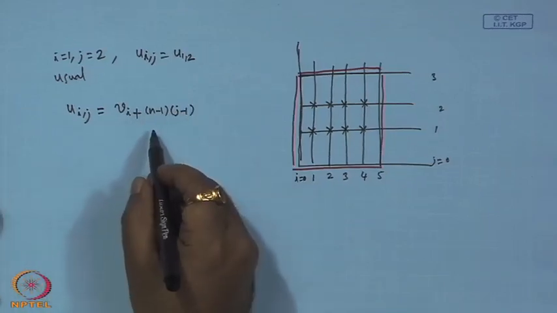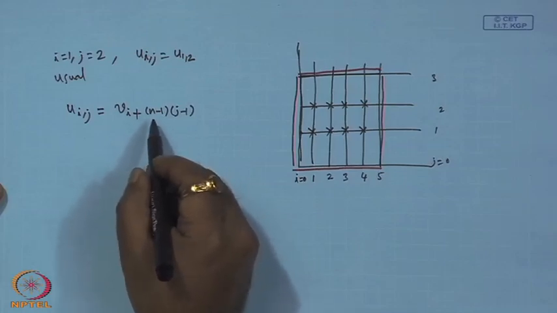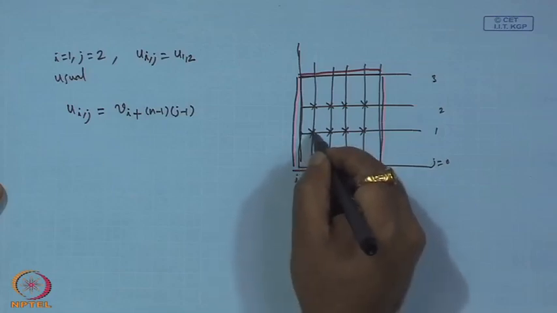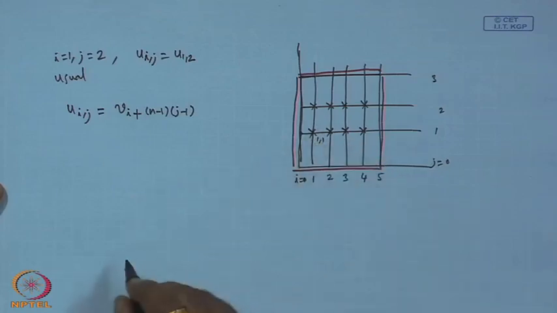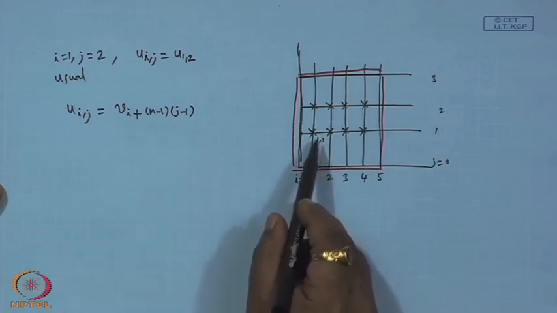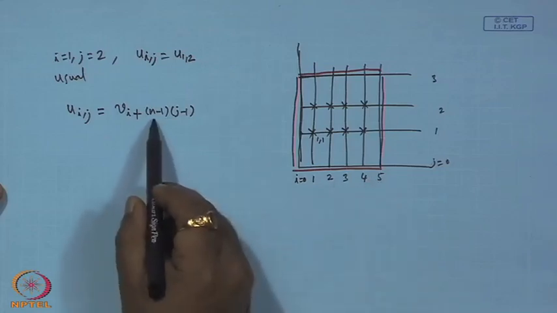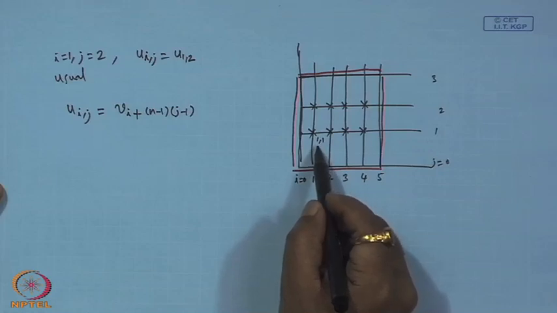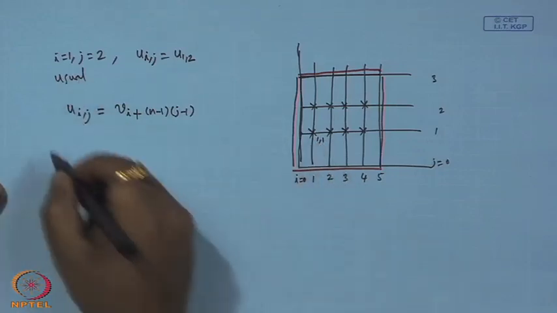So, one typical method: this point corresponds to 1 1, and here our n is 5. This corresponds to i is 1 and j is 1.